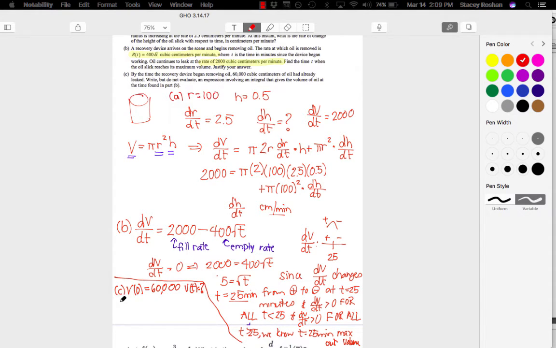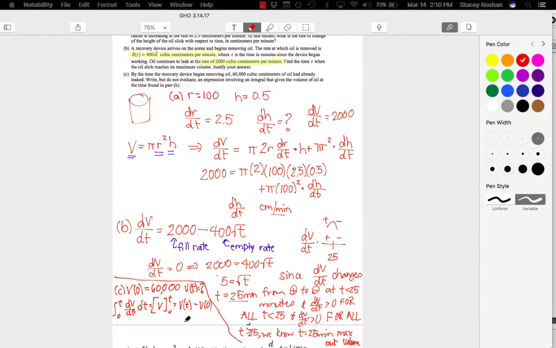So that would help us set our bounds of our integral, because we know that the antiderivative of the derivative is going to bring us back to the volume itself, right? From 0 to t. So we have V of t minus V of 0 is going to be equal to this antiderivative.